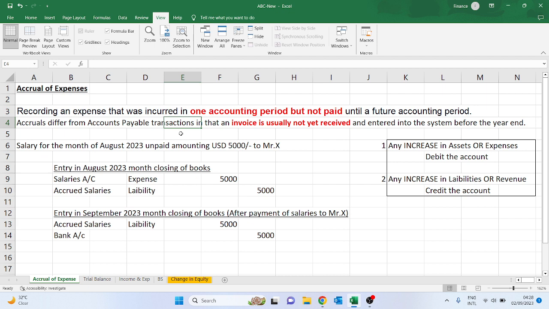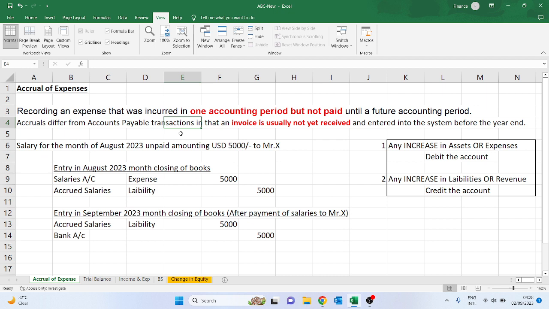At the same time, we need to close the books of August with proper numbers. So how is it possible? Because we didn't pay that amount. Here in this case we need to accrue that amount of salary, whatever unpaid for the month of August.